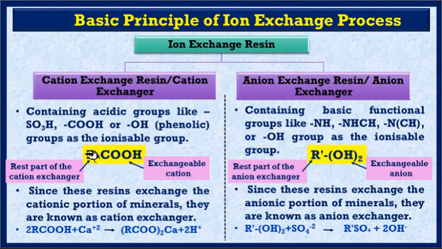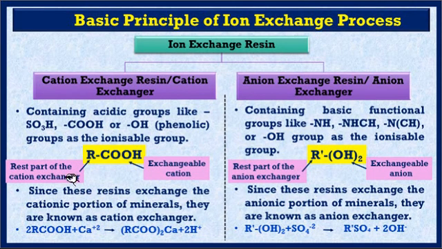So the basic structure or formula of these cation exchange resins is RCOOH, where this part R is the basic polymeric part, and this is the ionizable group. And in this ionizable group, this hydrogen ion can be exchanged with the hardness causing ion.